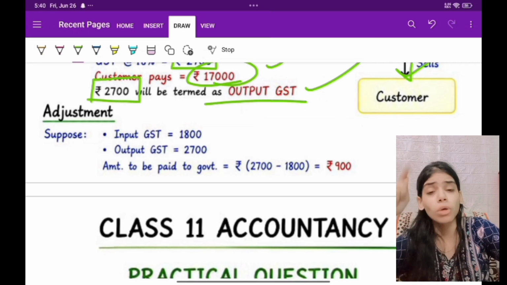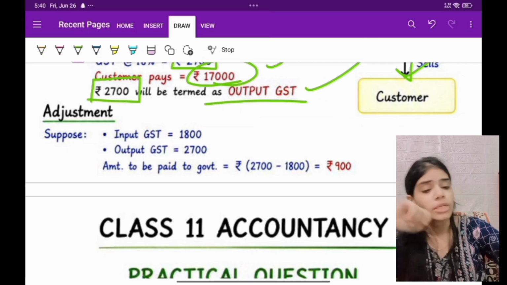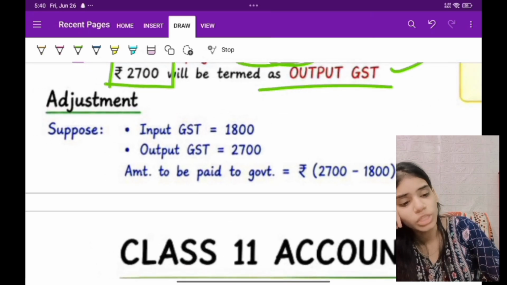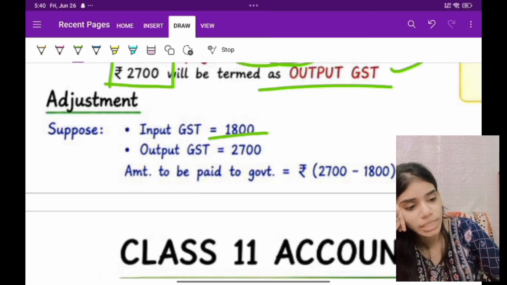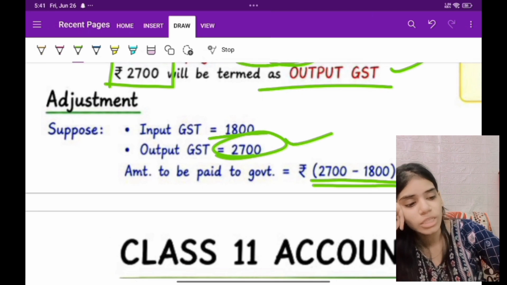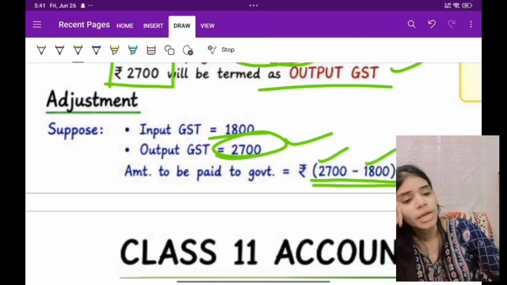No, not at all, because at the time of buying goods, they already paid 1800. So this is the adjustment. The input GST at the time of purchase was 1800, the output GST at the time of sale was 2700. Now the ultimate payment that will be made to the government at the time of sale will be 900. That is 2700 output GST minus 1800 input GST.